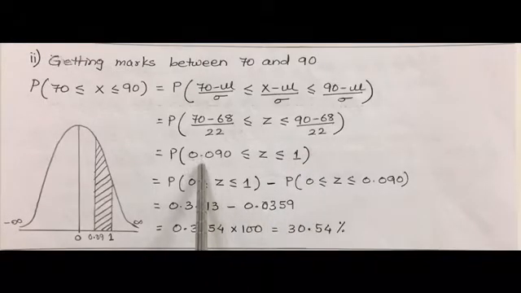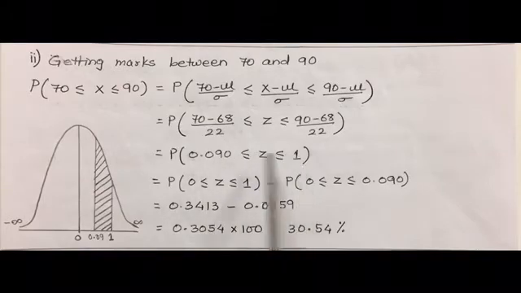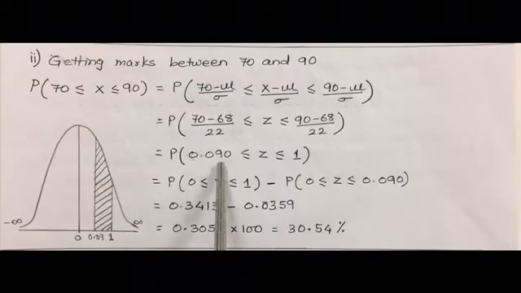Now both 0.09 and 1 are positive, that is, having the same sign. When we break the probability till 0, we will subtract it, as same sign areas are to be subtracted. Now 0 to 1 will be having area more than 0.09.